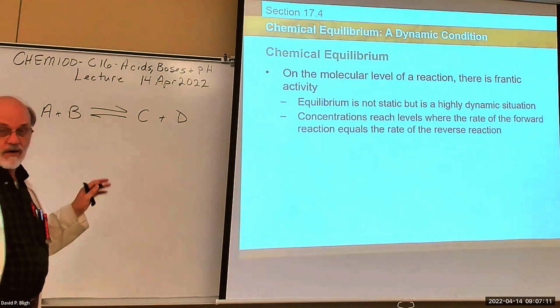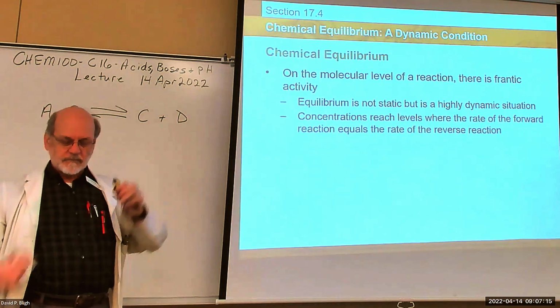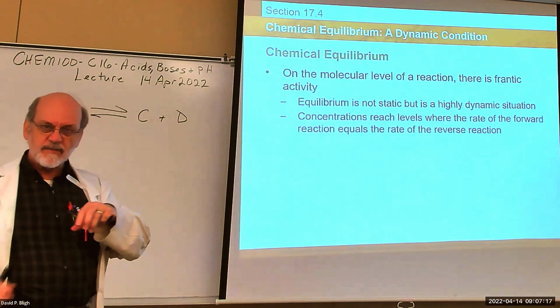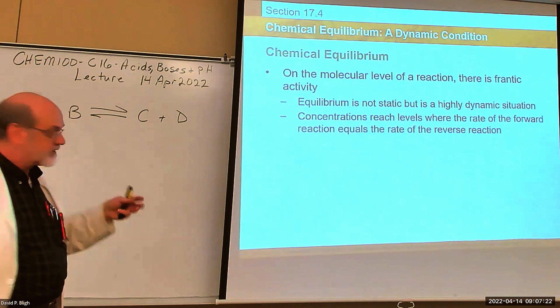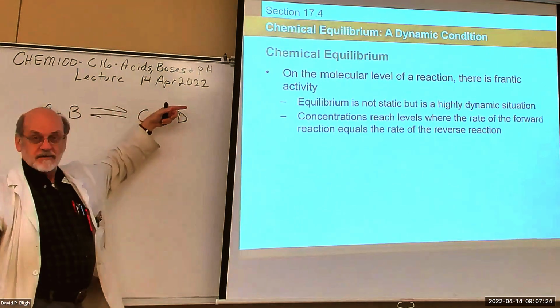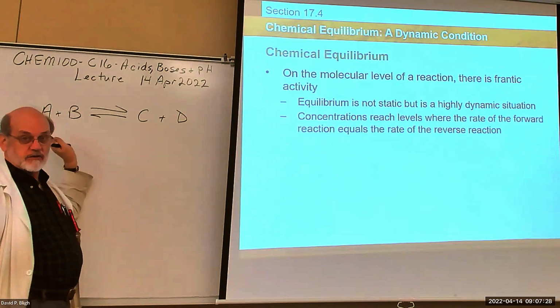Notice I used a double arrow here because chemical equilibrium is analogous to this physical equilibrium in that the rate of the forward reaction will eventually equal the rate of the reverse reaction.